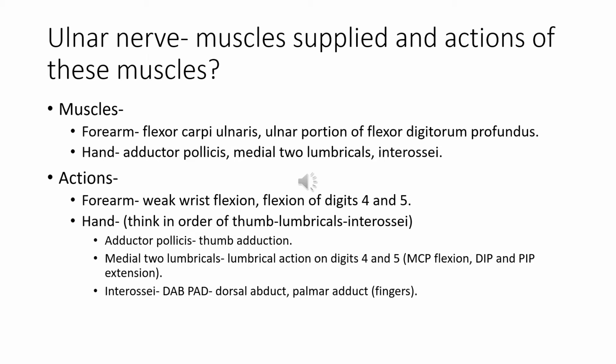Now, ulnar nerve innervates the interossei, and the interossei actions are remembered by the mnemonic DAB PAD, that is dorsal abduct and palmar adduct. So it produces abduction and adduction of the fingers 2 to 4.